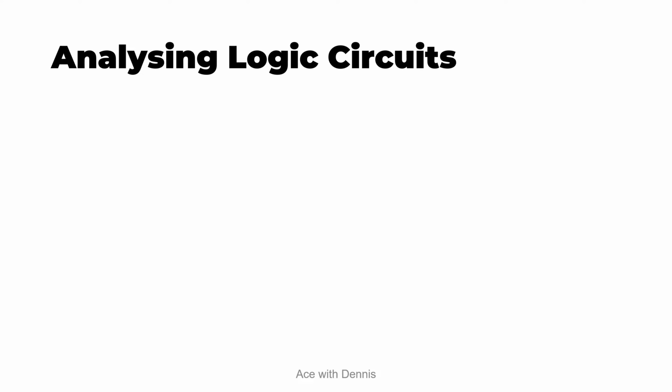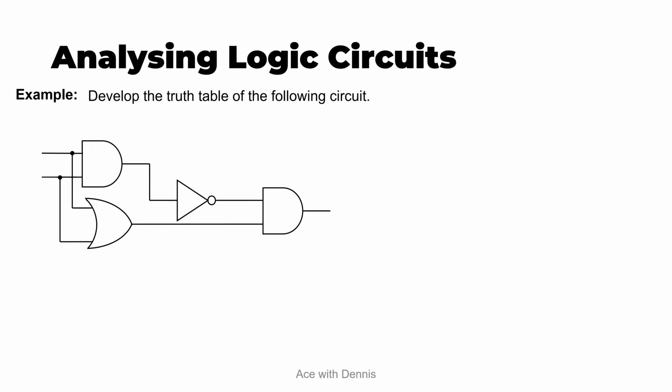After understanding how AND gate, OR gate, and NOT gate work, let's learn how to analyze simple logic circuits. Here is an example. Develop the truth table of the following circuit. And here is the circuit with two inputs, input A and input B, and one output, output Z. At point C, it is the output of the AND gate, and C equals AB.